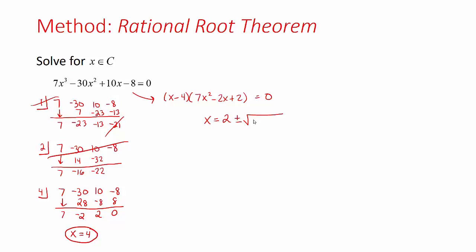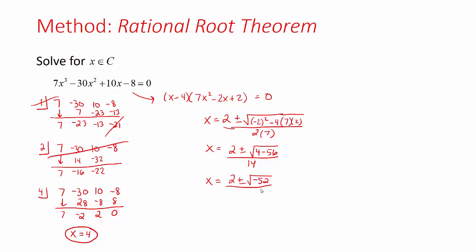So there's 2 plus or minus negative 2 squared inside the square root, minus 4 times 7 times 2, all over 2 times 7. We'll simplify that. 4 minus 56, and 4 minus 56 is negative 52.